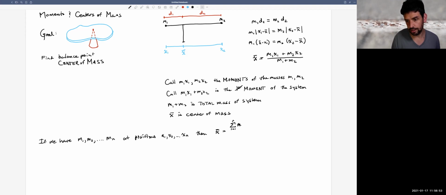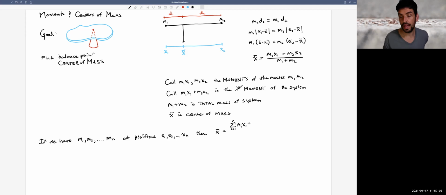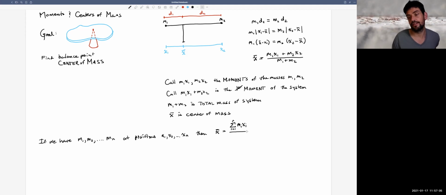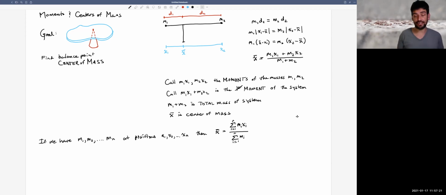So we're summing up the moment of each mass to get the moment of the system, and then dividing that by the total mass, right? Adding up each mass in the denominator there, okay? And this gives us the center of mass of objects on a line, right?